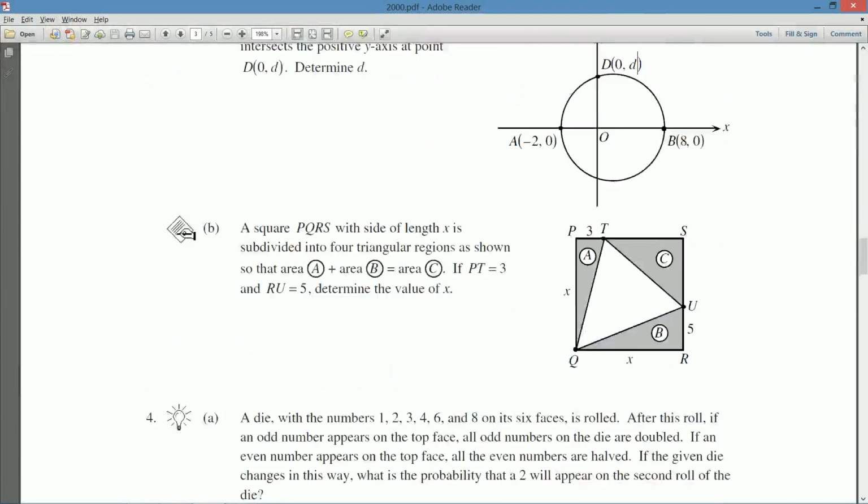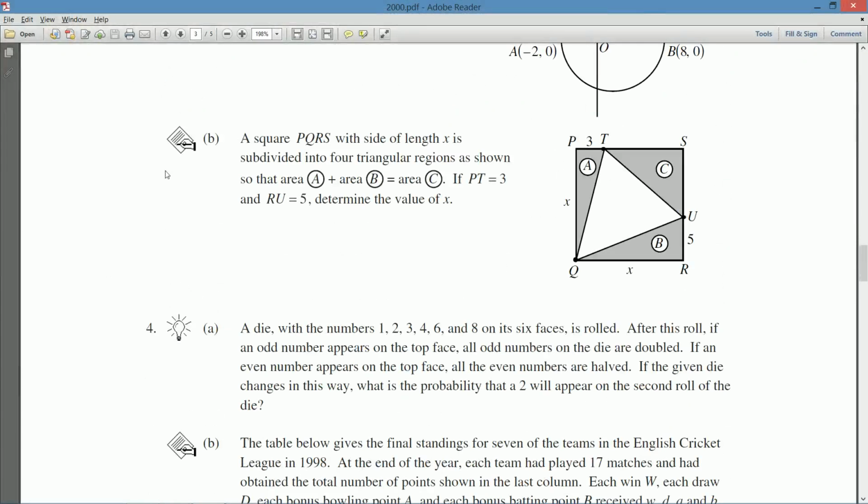We still have a part B we have to do, and this one is written. So we're going to need to explain ourselves and justify our final answer. Okay. A square, PQRS, with side length x, is subdivided into 4 triangular regions as shown. So we have this big one here that almost looks equilateral, but you can tell it isn't.